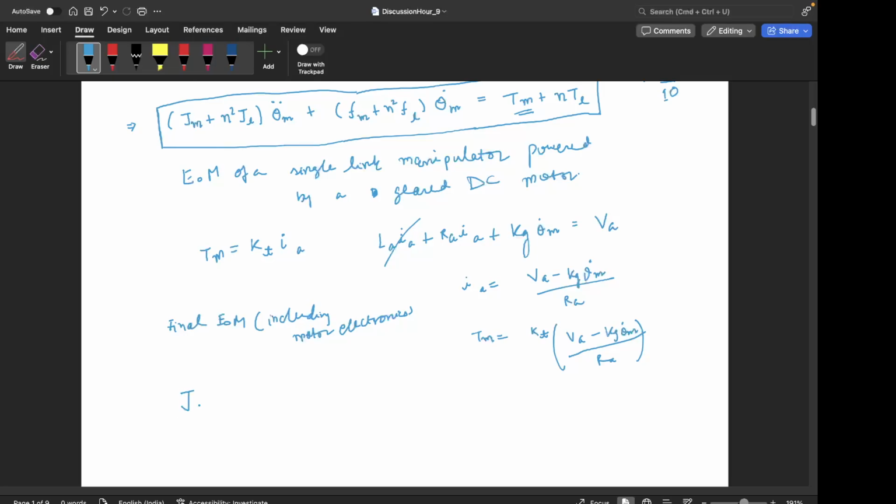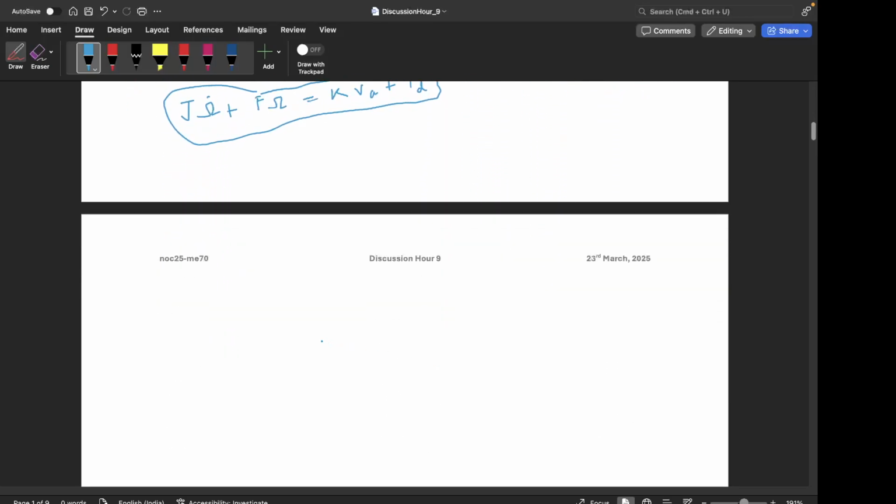So finally we have J omega dot plus F omega is equal to K times VA plus TD, right? This is the equation. Let me write it again here: J times omega dot plus F times omega is equal to K VA plus TD.